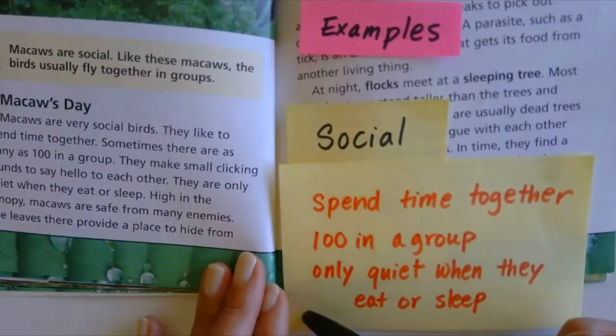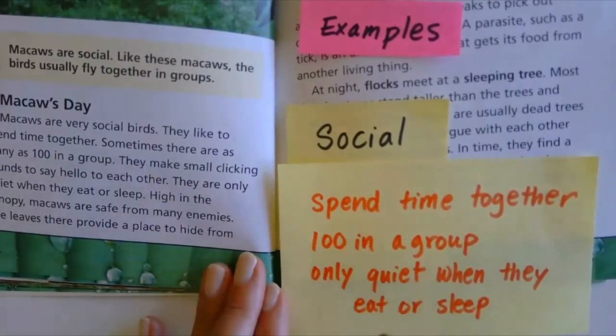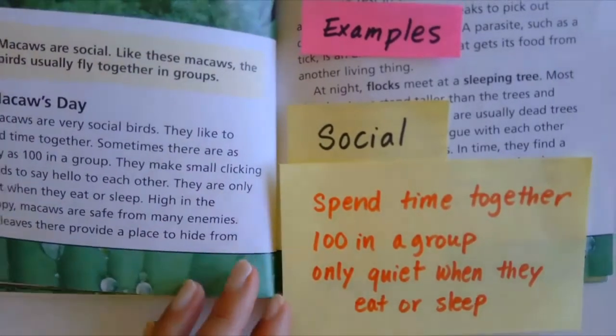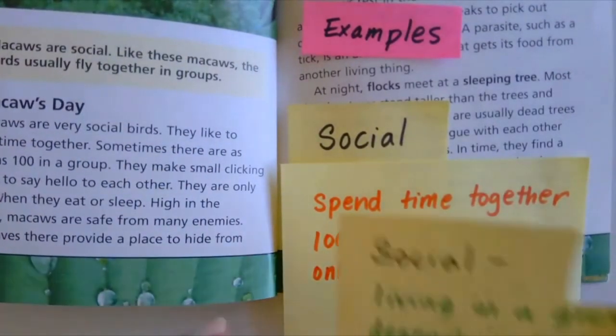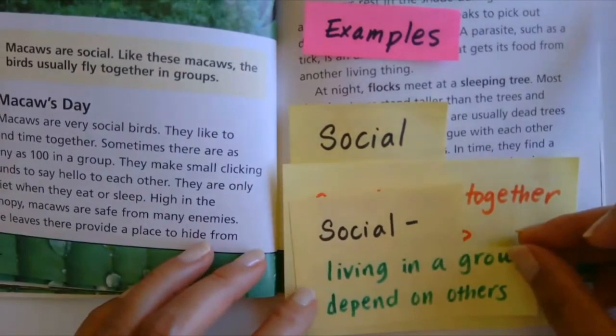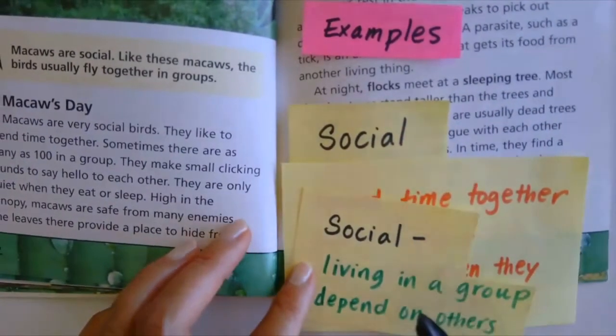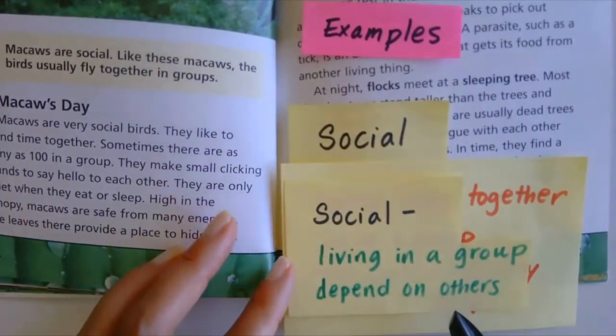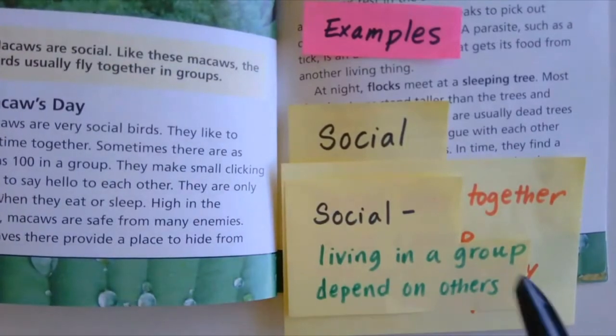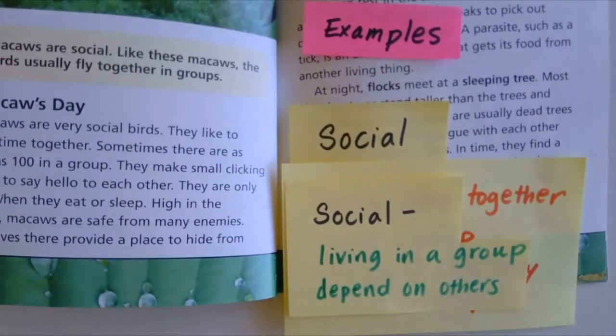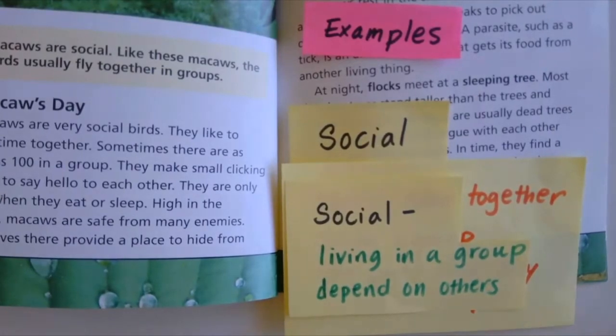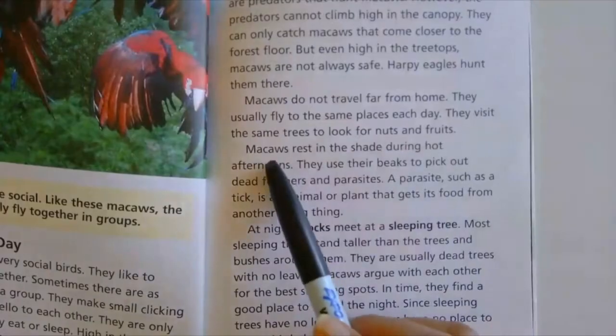So from looking at these examples and reading these examples, I can conclude that the word social must mean that they live in a group or they depend on others. So they are social birds because they live in groups, they depend on others. They're just like being with other birds.